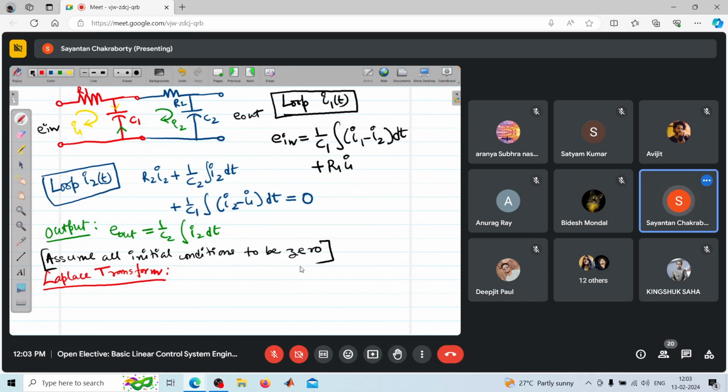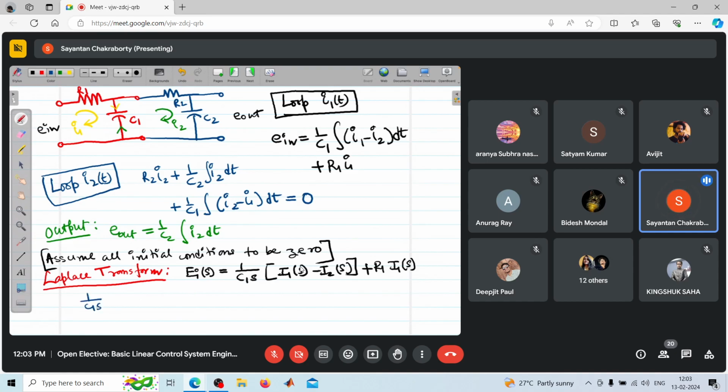So from the first equation, what will we get? E in s is equal to 1 by C1s I1s minus I2s plus R1 I1s. And from the I2 equation, what you will get?